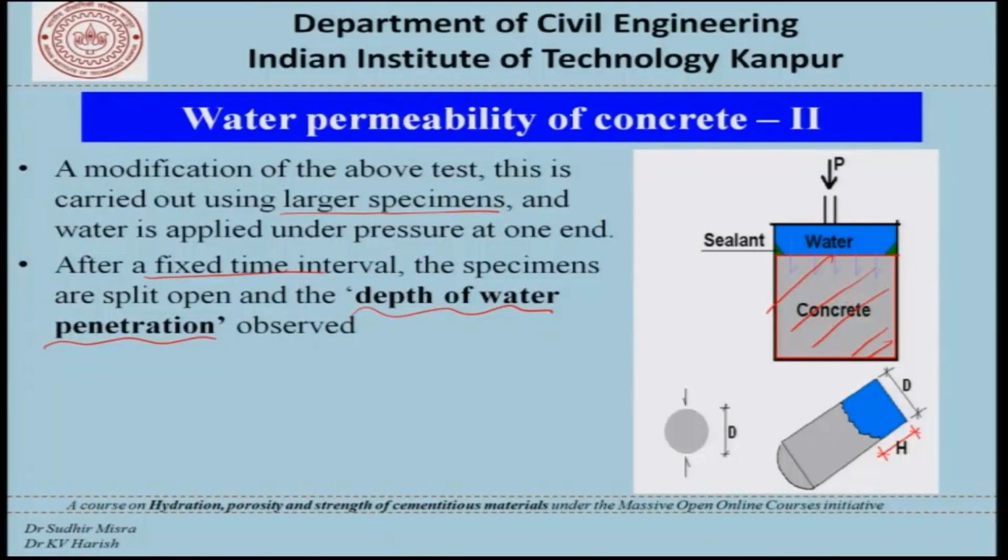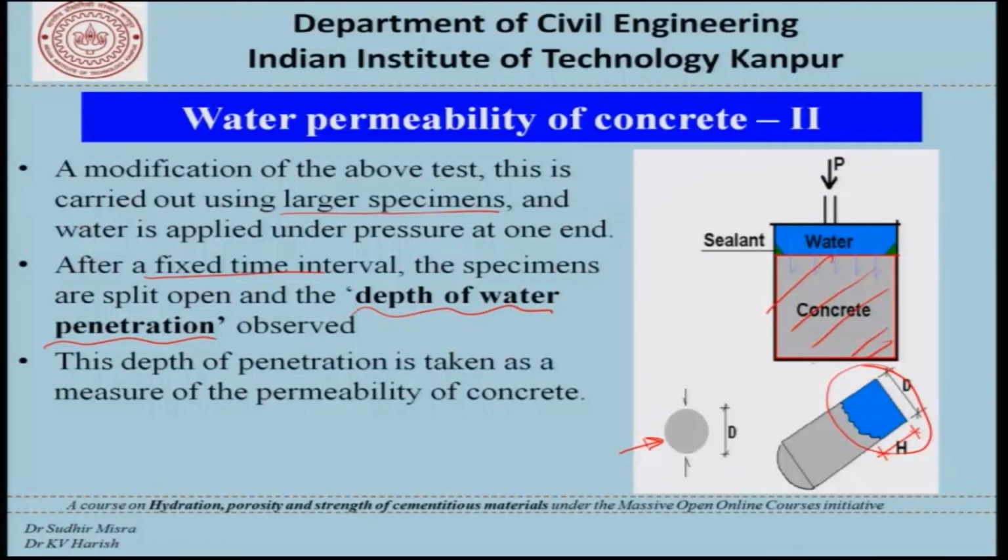So, as we apply pressure on the water on the one face of concrete, it permeates into the concrete, and after a certain fixed time, if we split this cylinder, we get something like this, and this depth of penetration of water becomes an indicative parameter for the permeability of concrete.